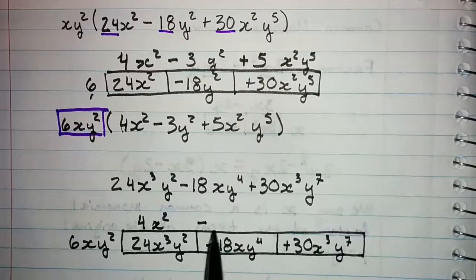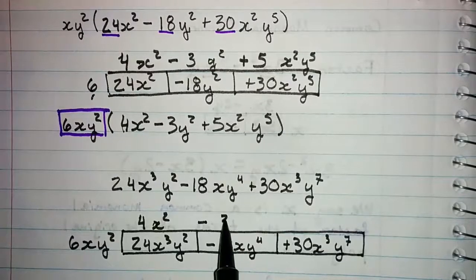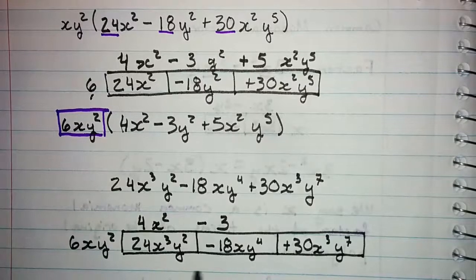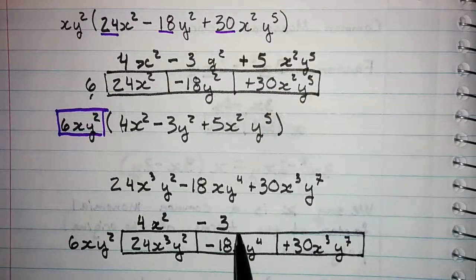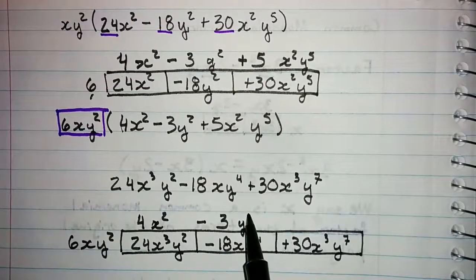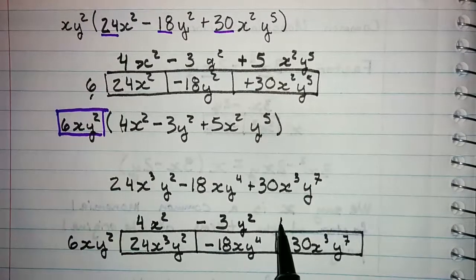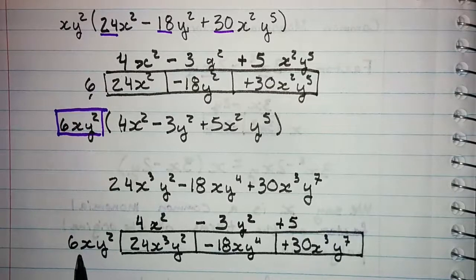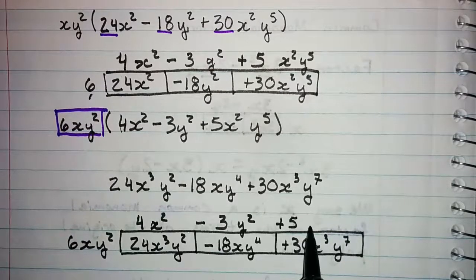What times 6 gives me 18? 3. What times x gives me x? Don't need anything there. What times y squared gives me y to the 4th? y squared. What times 6 gives me 30? That's 5. What times x gives me x cubed?